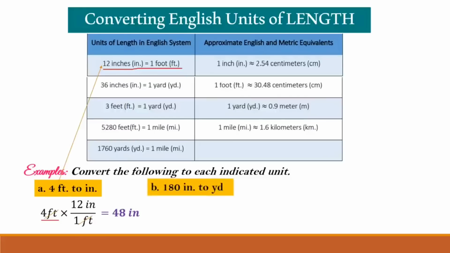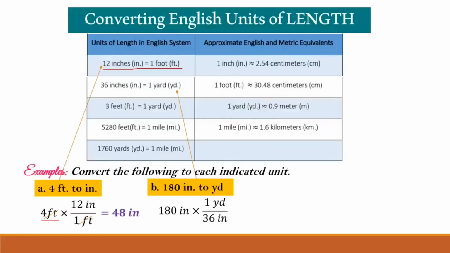For example B, we are going to convert 180 inches to yard. Again, let us look at our table if we have a conversion for inch to yard. And we have there the conversion: 1 yard is equal to 36 inches.